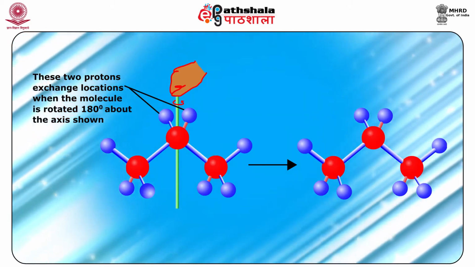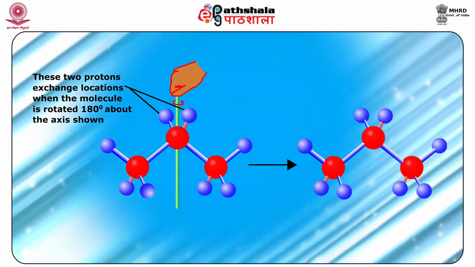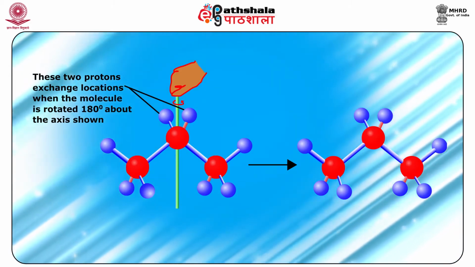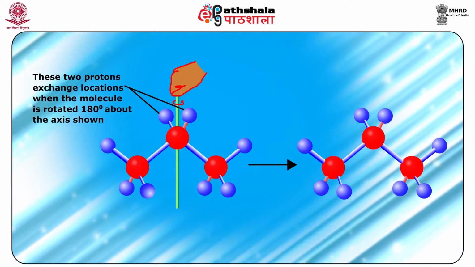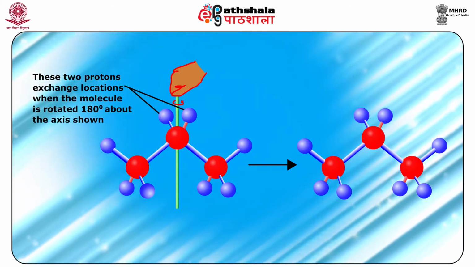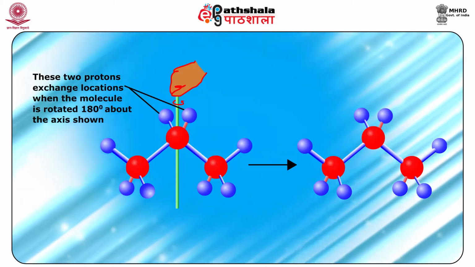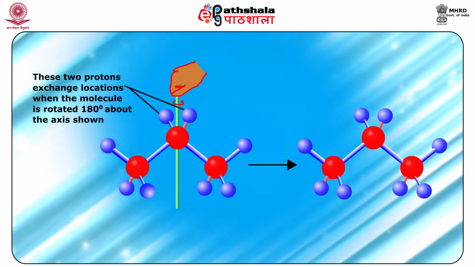Now let us begin by considering the two protons on the middle carbon of propane. Imagine that this molecule is rotated 180 degrees about the following axis with your eyes closed. When you open your eyes, you cannot determine whether the molecule was rotated or not.